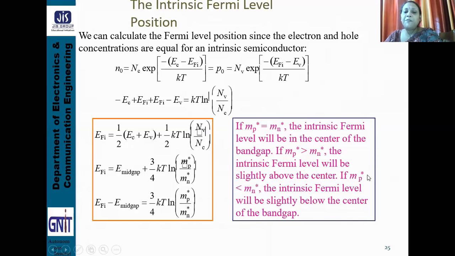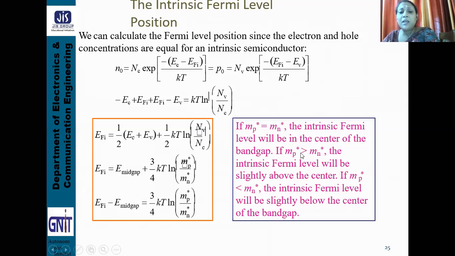That means a higher effective mass of holes signifies that there is a greater number of holes than the number of electrons. This is showing that the effective mass of holes is greater than the effective mass of electrons.